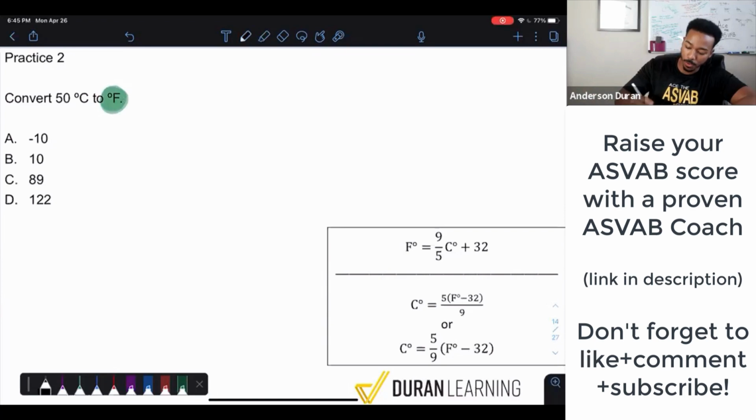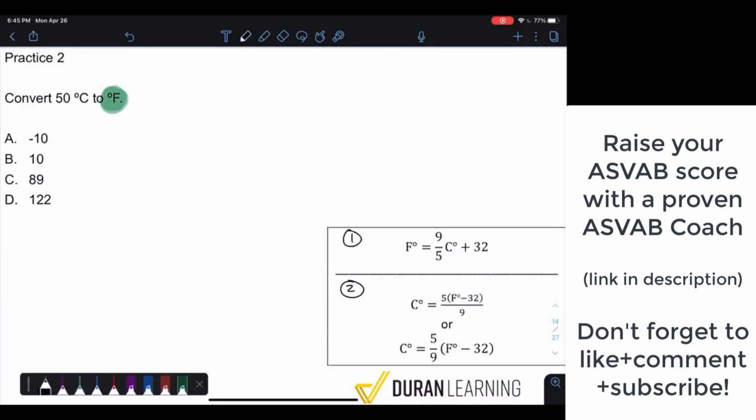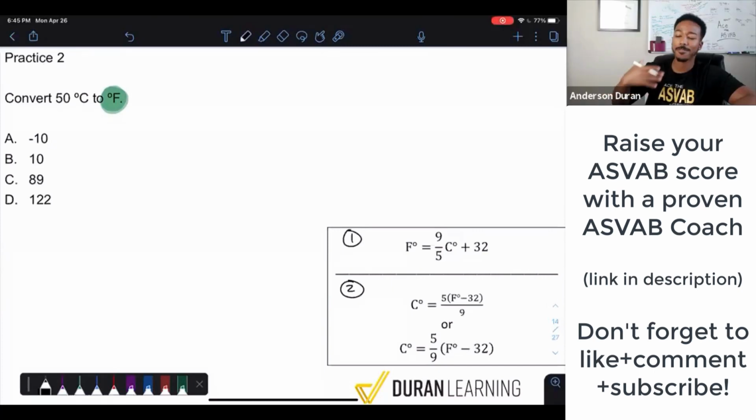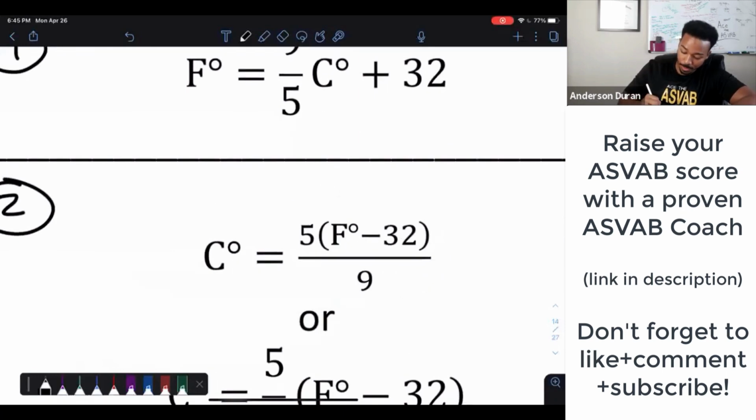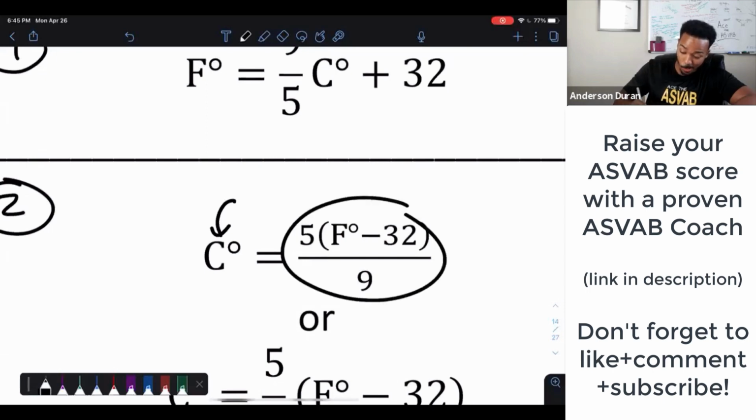Should we use Formula 1 or Formula 2? One. Exactly. It gives us Fahrenheit in the end. We have to plug in Celsius and we'll end up with Fahrenheit. It's not like here, if we do this one, oh no. If we plug in the Celsius here, we got to do a lot of work to get rid of the 9, to get rid of the 5, to get rid of that minus 30.